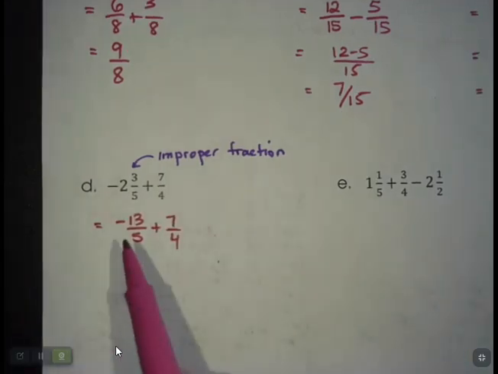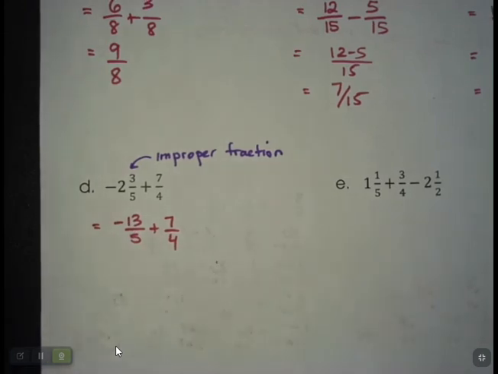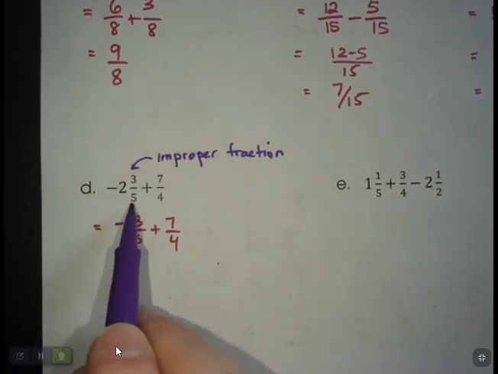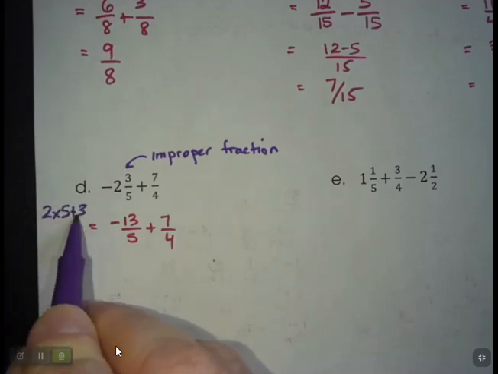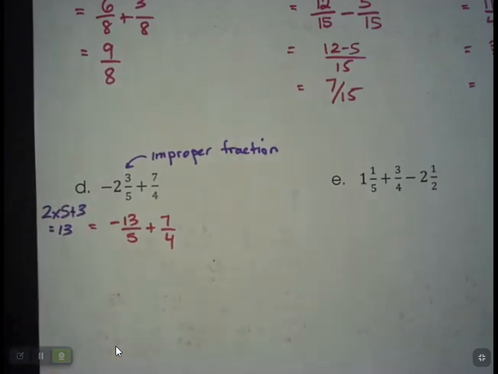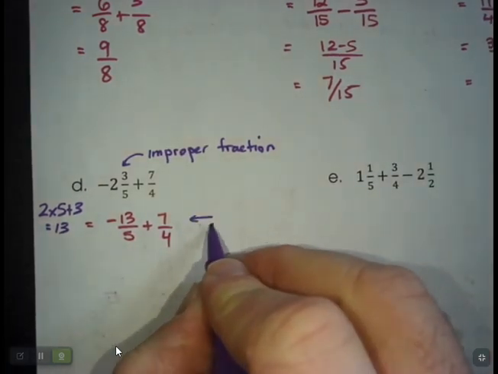So if you said negative 13 over 5, you're right, because we needed two groups of 5 and then added that 3, and that gets me my 13 on the top. All right? Then I need a common denominator.